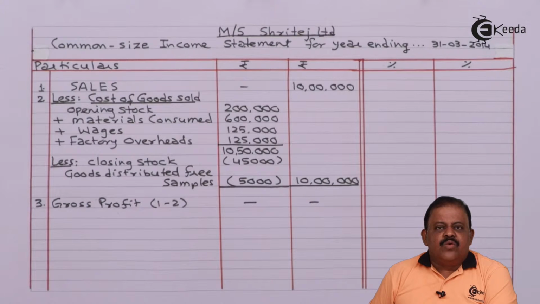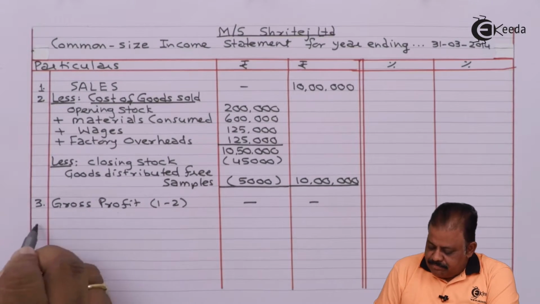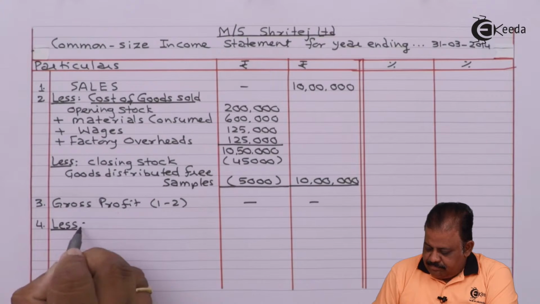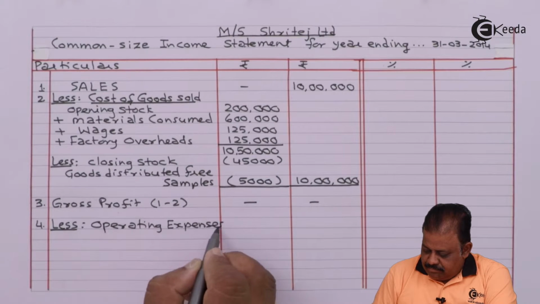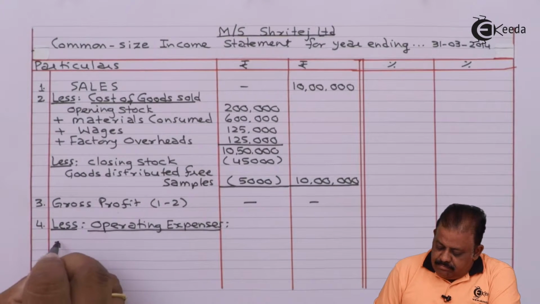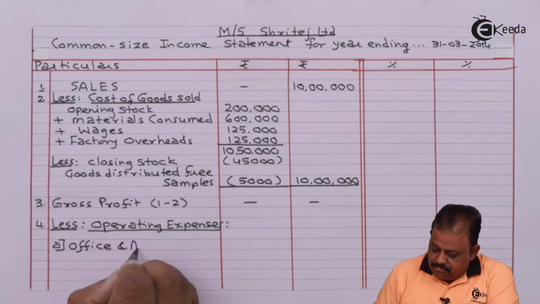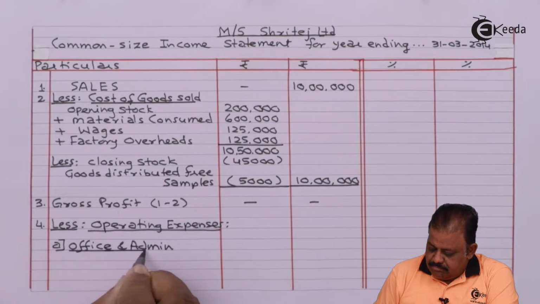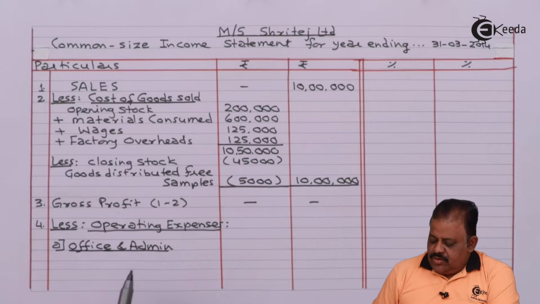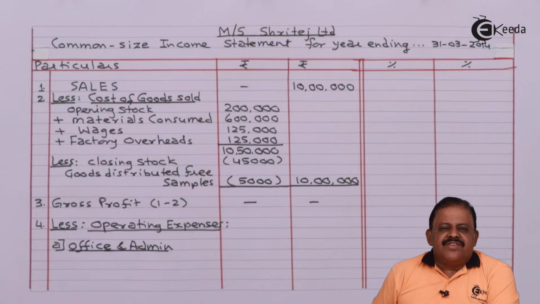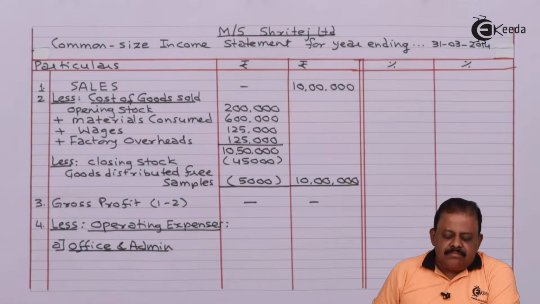From this we are required to deduct operating expenses. In operating expenses, first we have office and administration expenses.